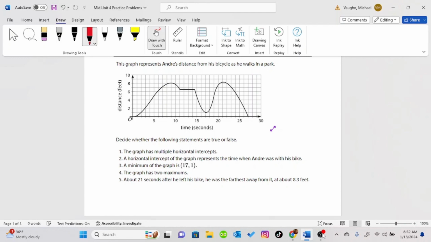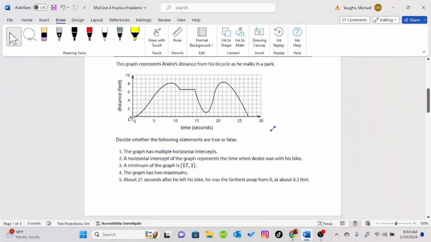Number 1, the graph has multiple horizontal intercepts. So if we look, horizontal intercepts are where they touch the x-axis.